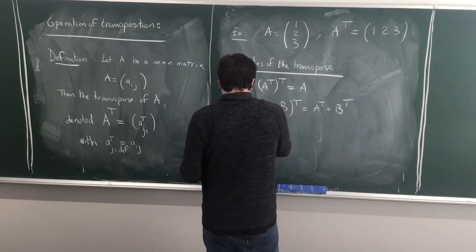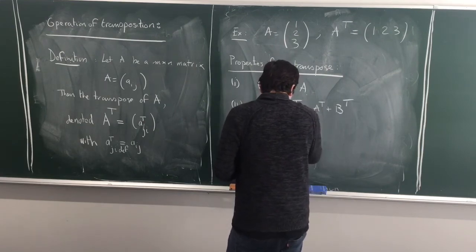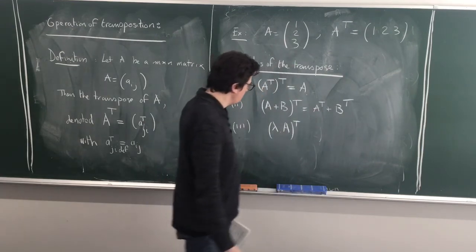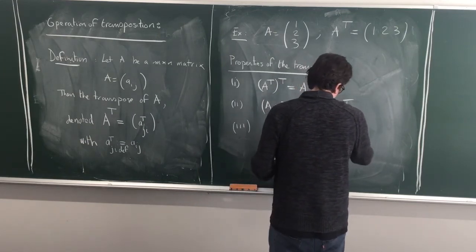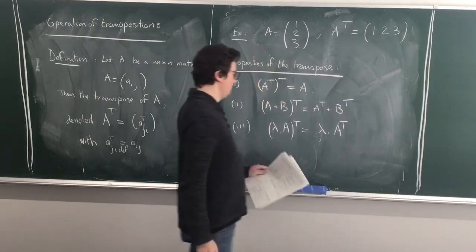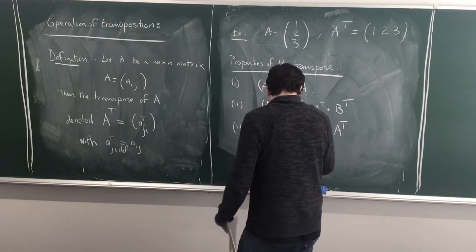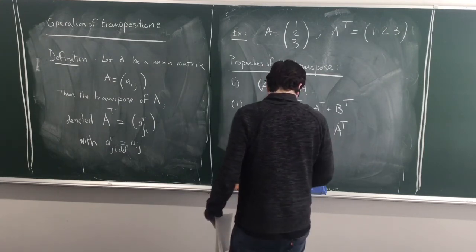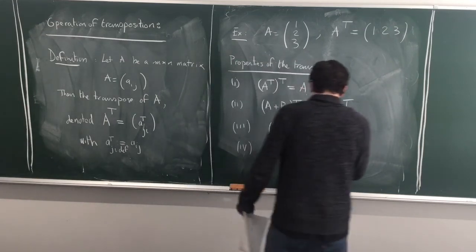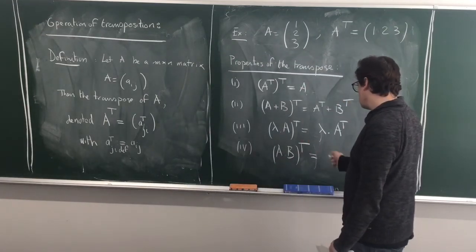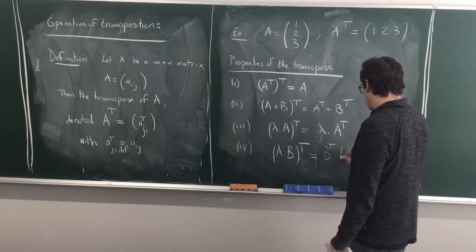No worries with that. The third property is that the transpose of lambda times A will be actually lambda times the transpose of A. The fourth property, be careful, it's a little more tricky. What is the transpose of a product? Well, here you have to reverse the order of the terms. So it will be B transpose times A transpose.